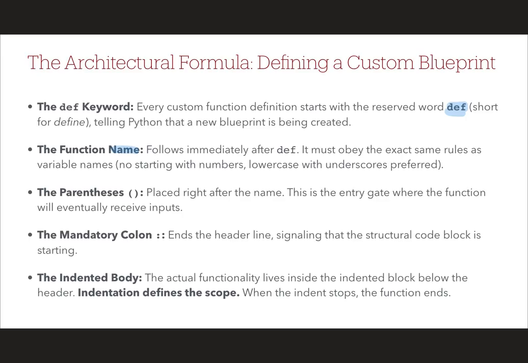For naming this function, the exact same rules as for variable names apply. You can use a combination of letters, numbers, or underscore, but the function name cannot start with a digit. Your function name starts with either an underscore or a letter.